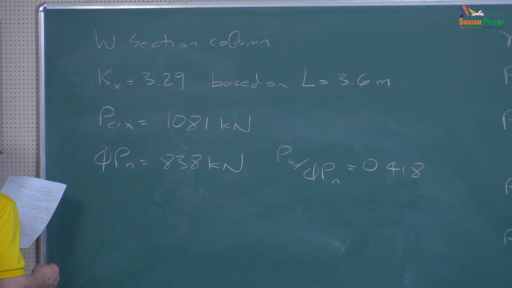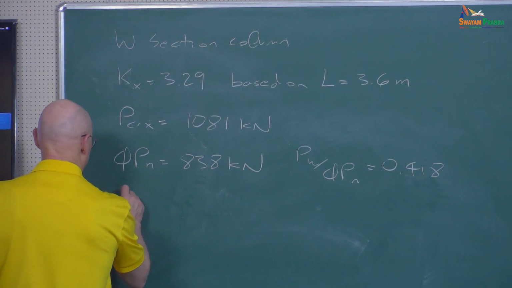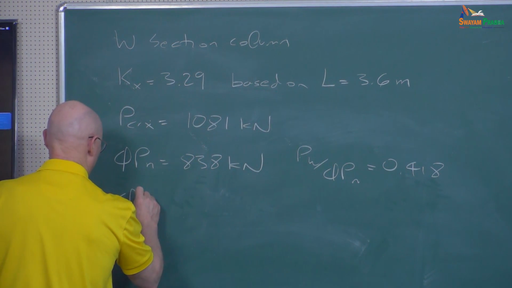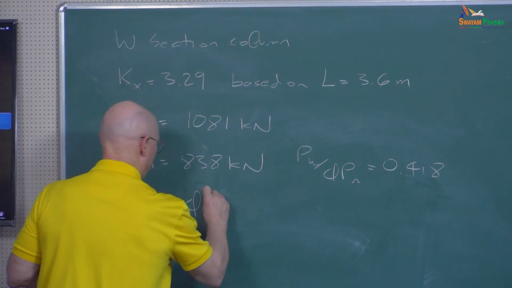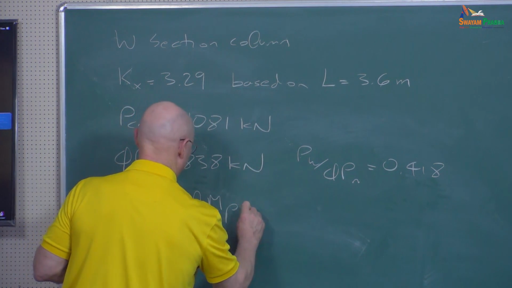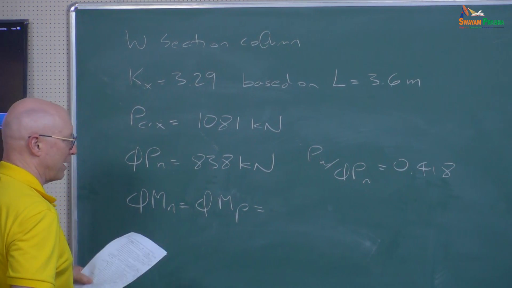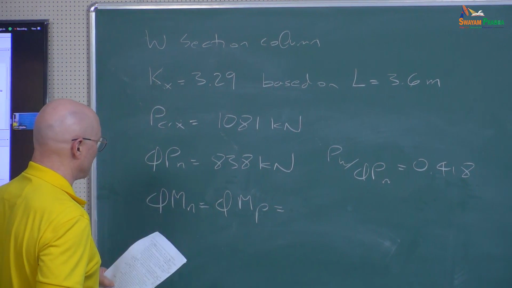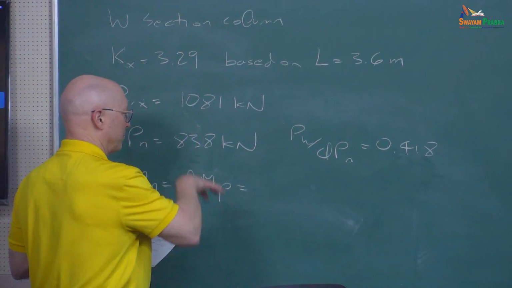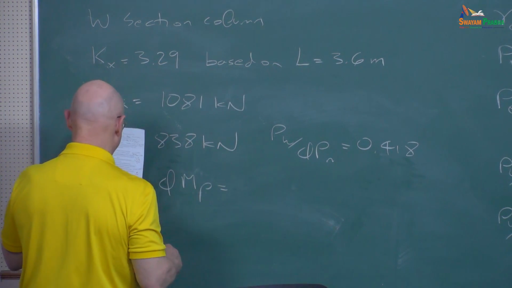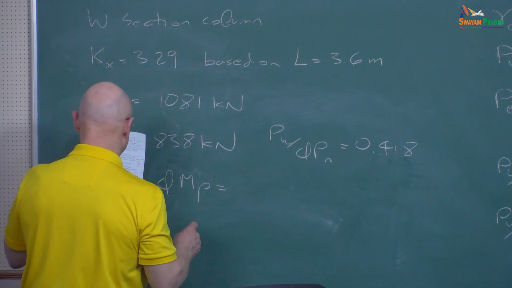The moment at the top, so for the moment in the wide flange section, ϕMn, if we work it through everything by AISC standard, you can get to ϕMp. You've got a sufficiently short unbraced length. The moment gradient from 0 at the bottom to maximum at the top helps.